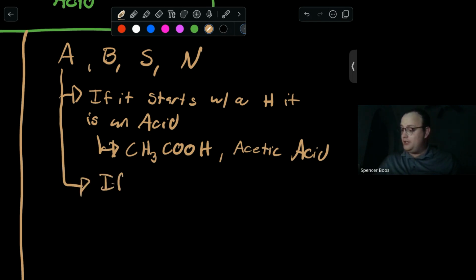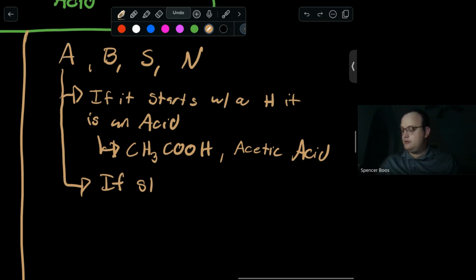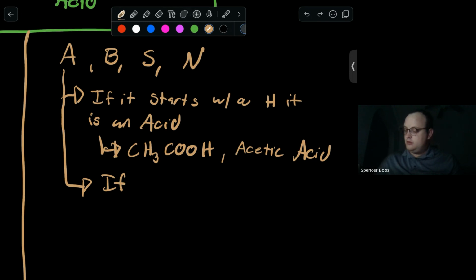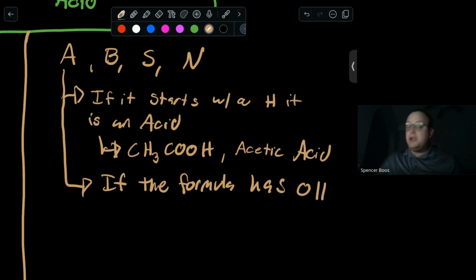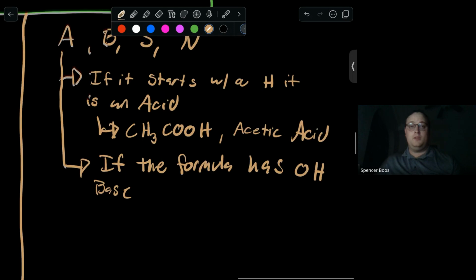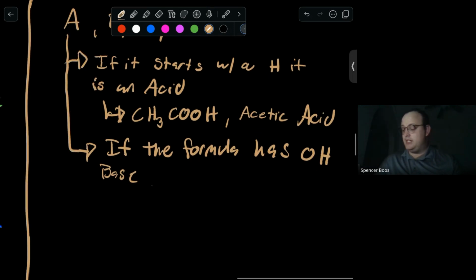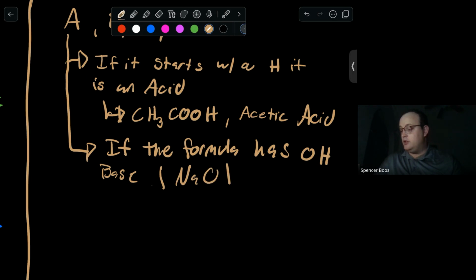If the formula has OH in it, it is considered a base. Okay, pretty simple, right? An example, of course, would be NaOH.